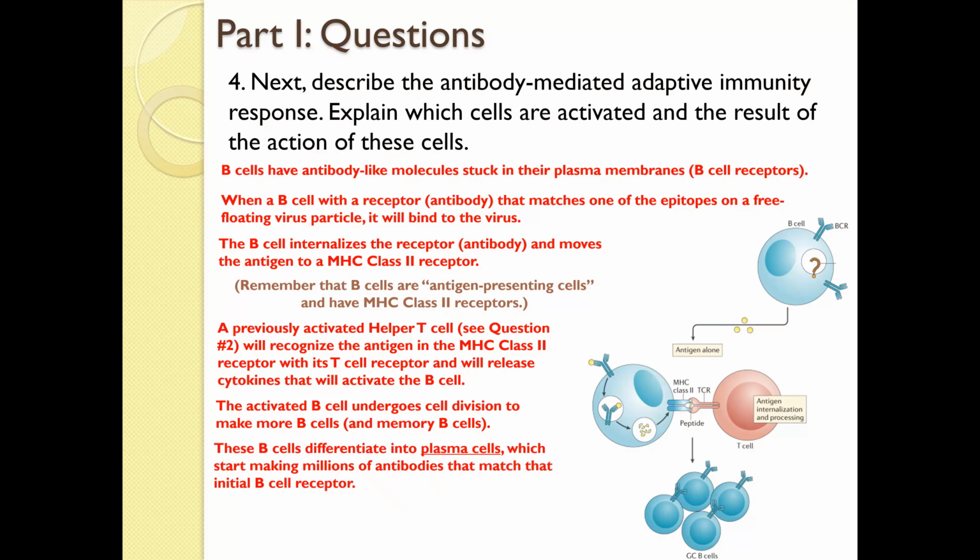These B cells will then differentiate into what's called plasma cells, which start making millions of antibodies that match that initial B cell receptor that recognized the antigen. The antibodies will then seek out and bind to any free virus particles in the body fluids.